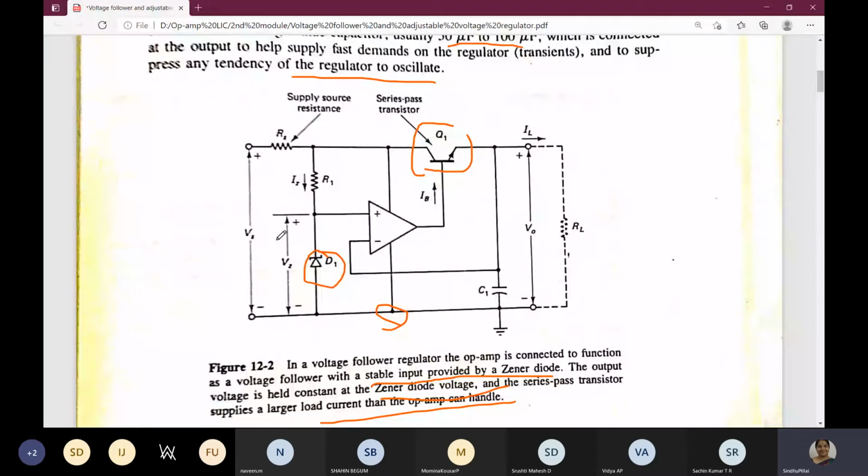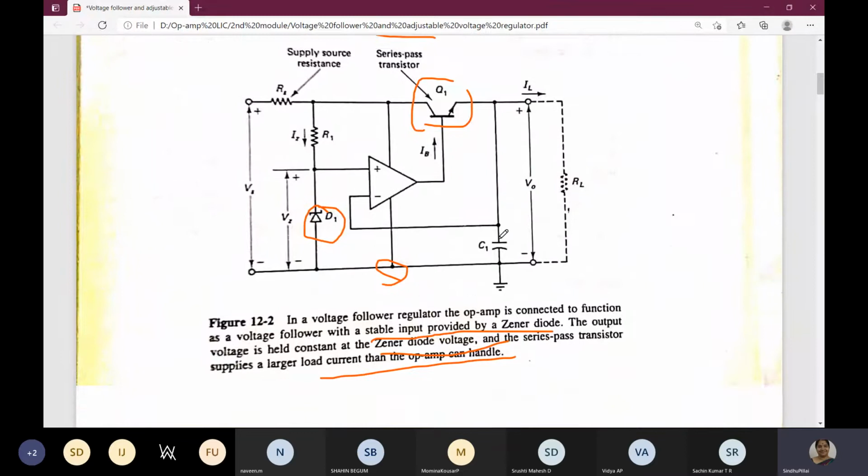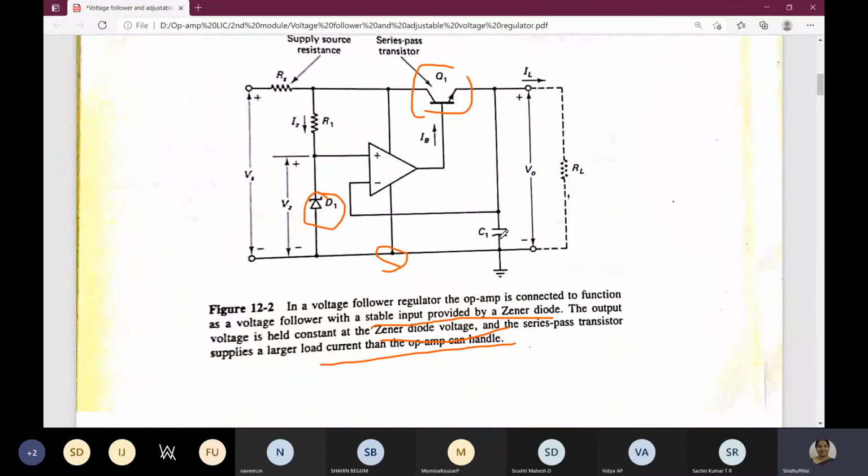If the load current is less, we can remove this transistor and connect directly to the output. The capacitor is used to remove oscillations, any transients or fluctuations. And what is this RS? RS is the supply source resistance. This is all about our voltage follower regulator.